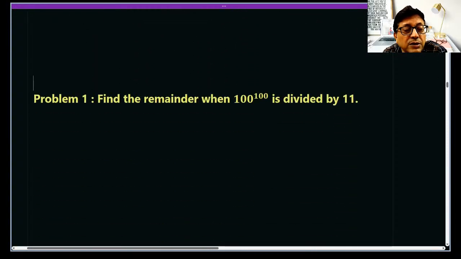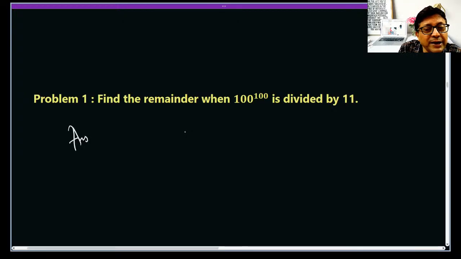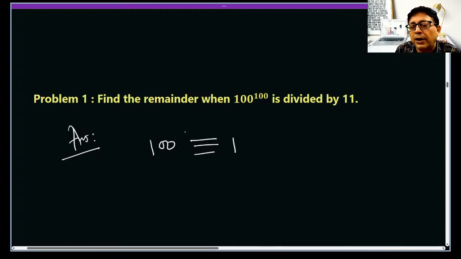So let us start solving simple problems on congruency. Find the remainder when this is divided by 11. You know 100 is congruent with 1 mod 11. Am I correct? Because 100 minus 1, 99, is divisible by 11.